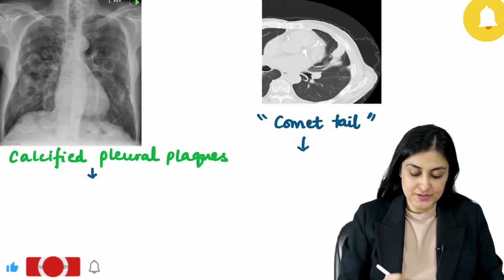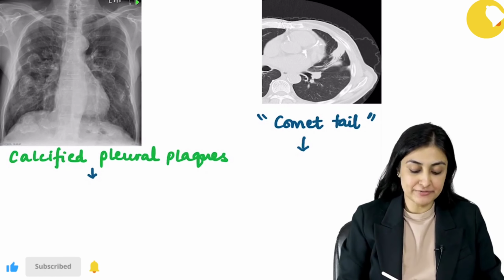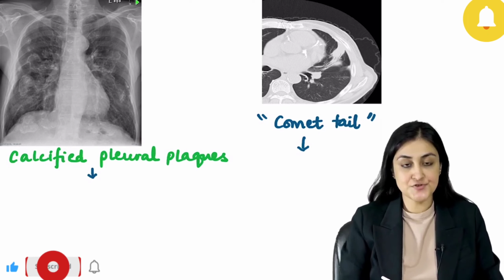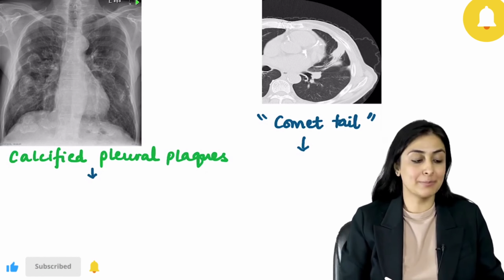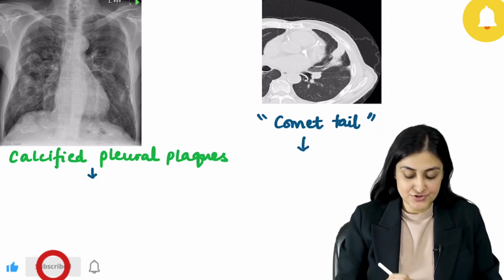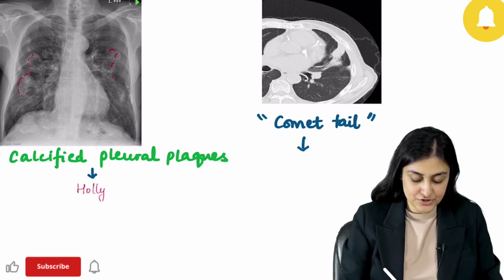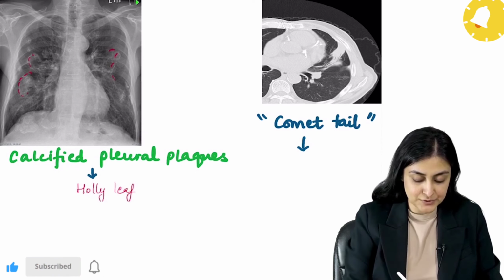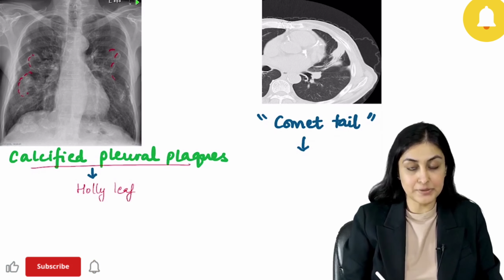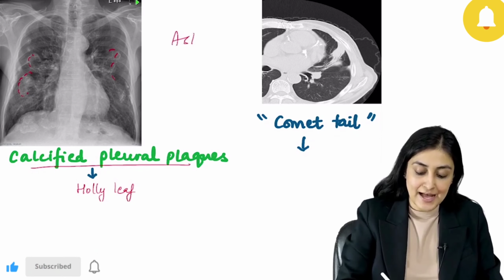So now when we talk about this occupation related history, you would be given the history that this person is related to some occupation like a miner or in the plumbing industry, and you find these manifestations. So here can you see that there are these multiple white plaques which give the appearance of a holly leaf. So this is the calcified pleural plaque that is associated with asbestosis.